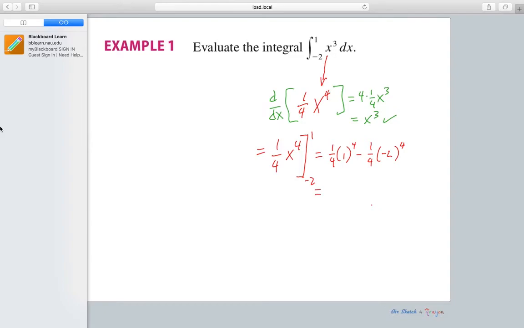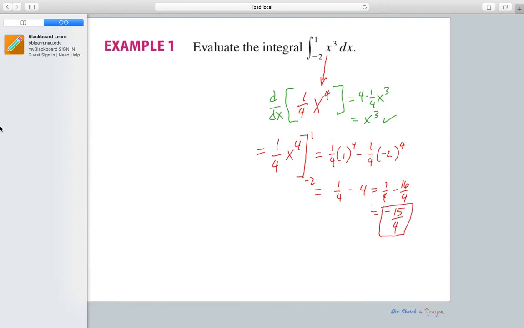And the rest is just arithmetic, right? So I have 1/4 minus, oh geez, 2 to the fourth is 16, divided by 4 is 4, which is, oh boy, 1/4 minus 16 over 4, sorry, which is -15 over 4.